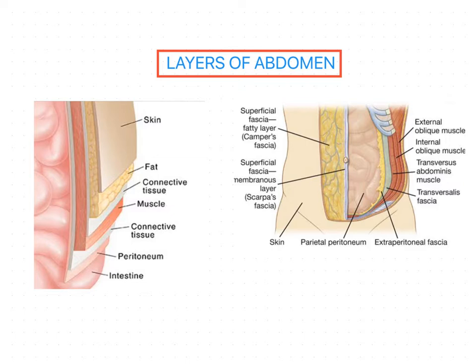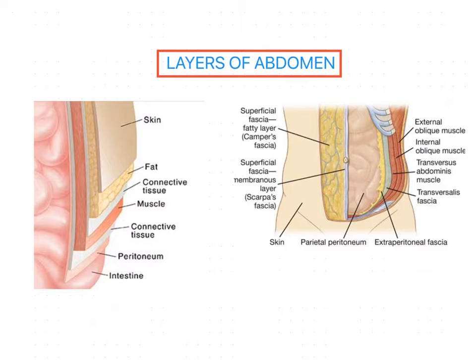Dear students, welcome back. In this session, we are going to discuss the layers of the abdomen. Already we have finished the anterior or anterolateral abdominal wall and also the posterior abdominal wall.